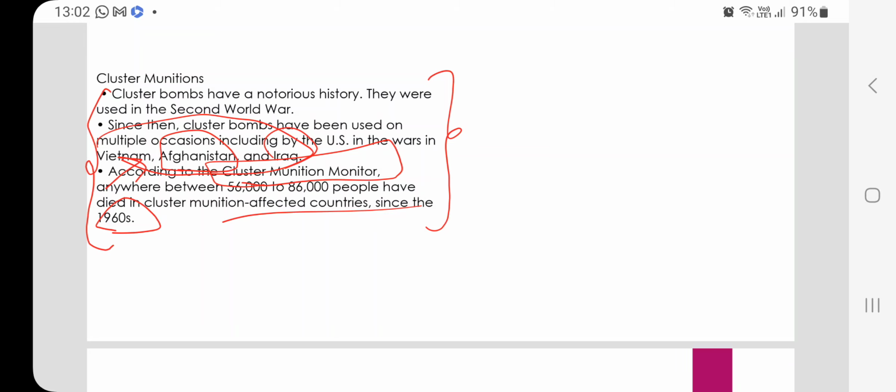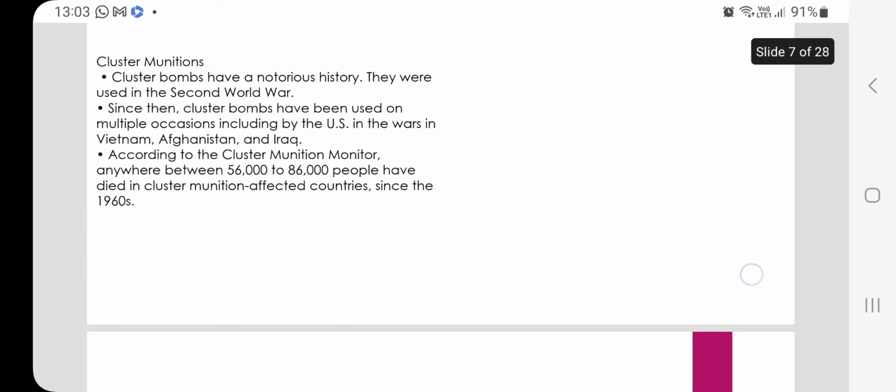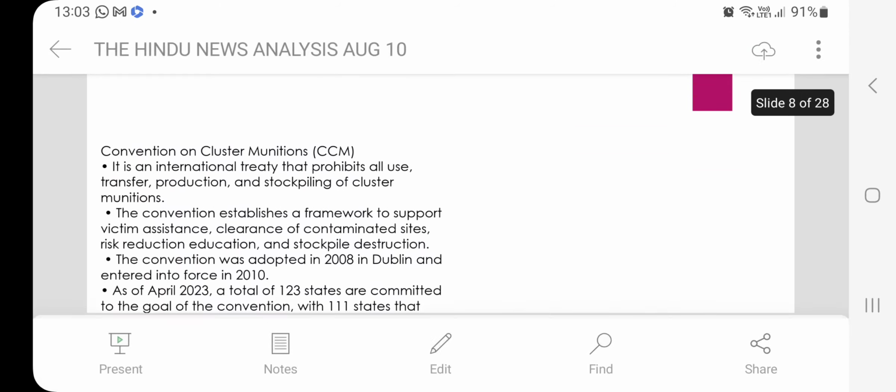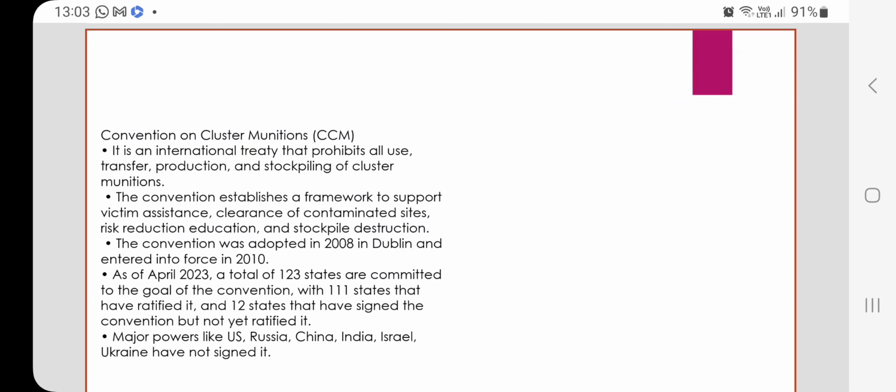issue of these bombs. So to tackle the threat, several countries came together and adopted a global convention. We have a convention in place, the Convention on Cluster Munitions, that prohibits the usage of cluster bombs, and it also prohibits the production, storage, and transfer. Those countries which sign and ratify the convention become a party to it.